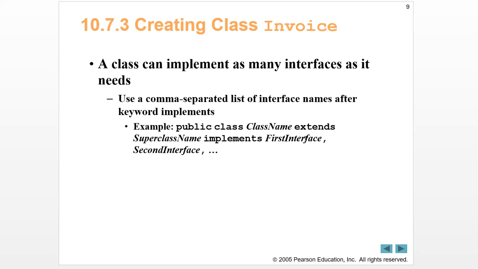You can implement as many interfaces as you want, just separating them with a comma. So you're not limited in which interfaces you implement, but the moment that you implement an interface, you're supposed to adhere to that contract that exists between an interface and a class.